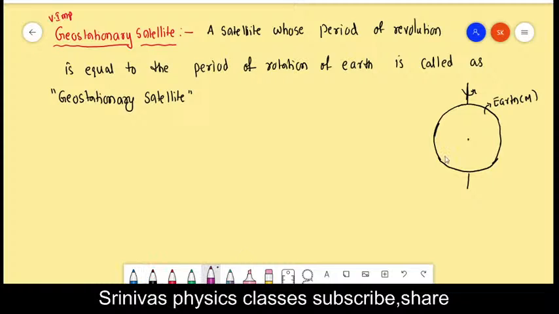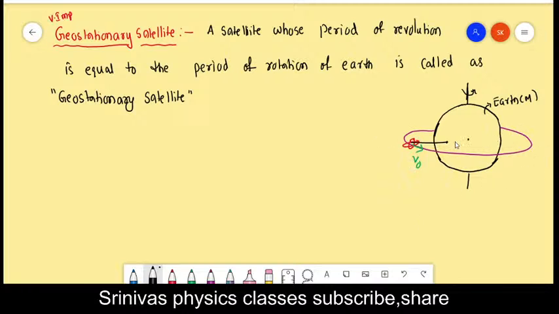We will draw the orbit. This is the orbit in which the geostationary satellite revolves. This is the satellite, and its speed is V naught. Like this, the satellite revolves.